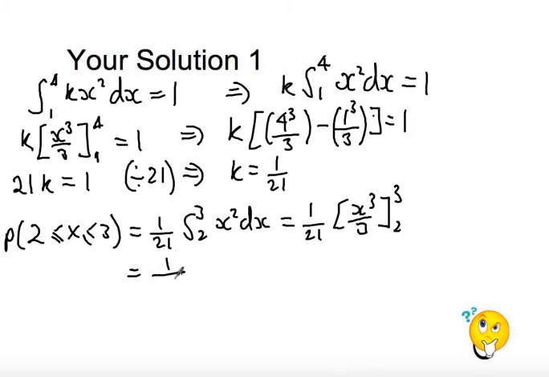So we get 1 over 21 multiplied by 3 cubed over 3 minus 2 cubed over 3. Type that into your calculator, evaluate that carefully in one go, and you should come out with an answer of 19 over 63.